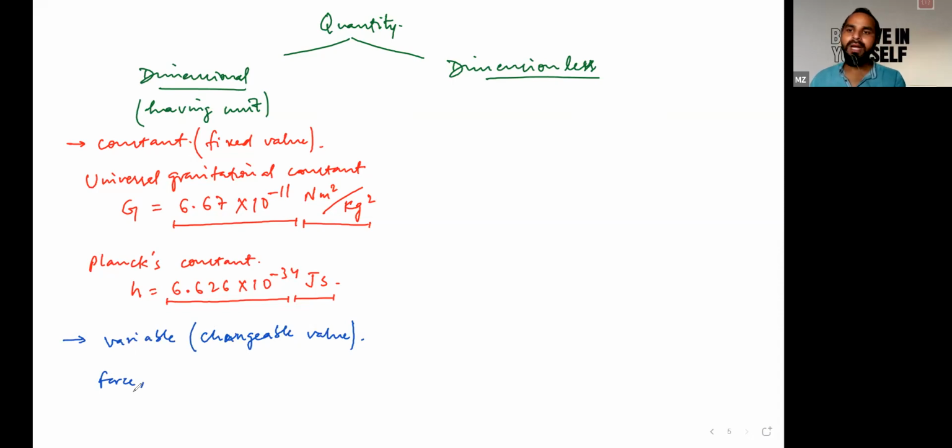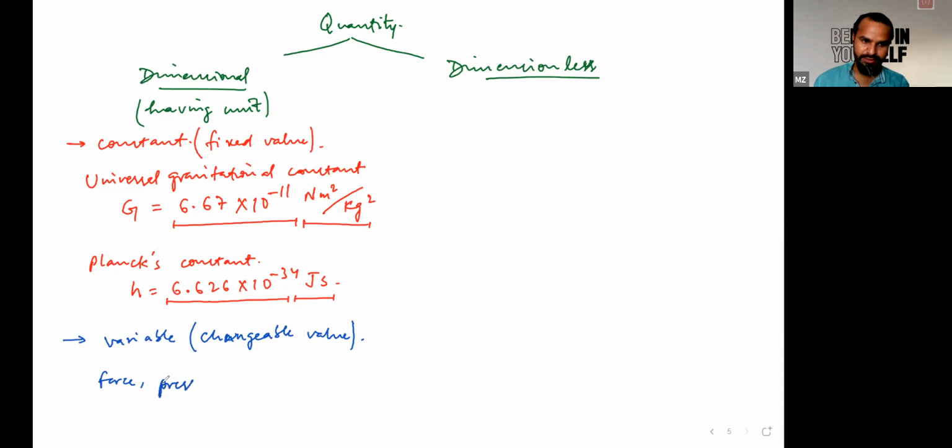Force is nothing but mass times acceleration. So you would have different mass and different acceleration according to different questions. On getting the product of them, you would get a different numerical value, but the unit for the calculation of force in all of the problems would remain the same. That would be Newton. So we can call this particular quantity a dimensional variable.